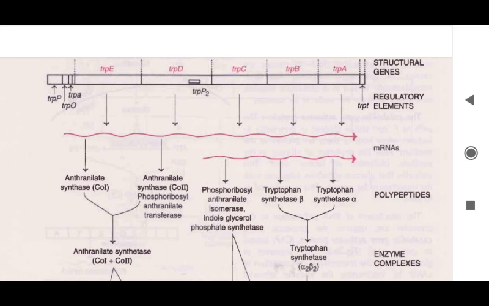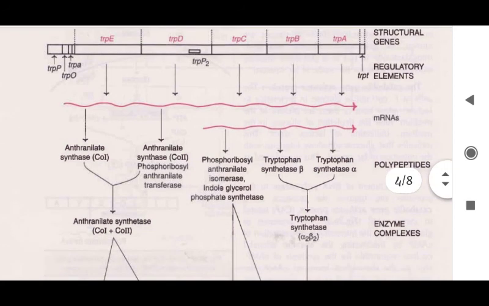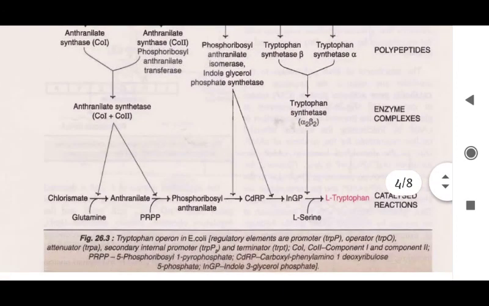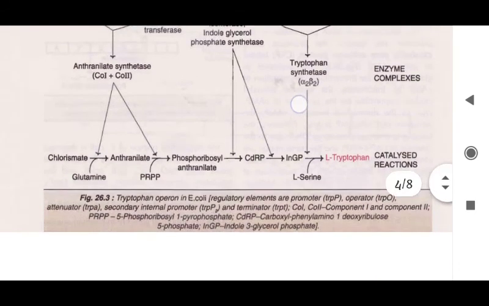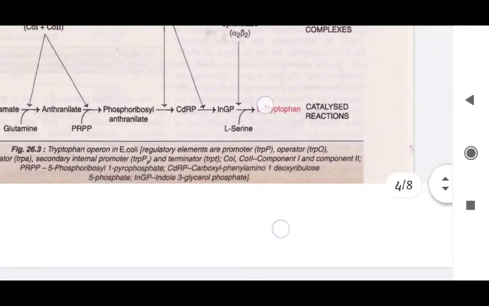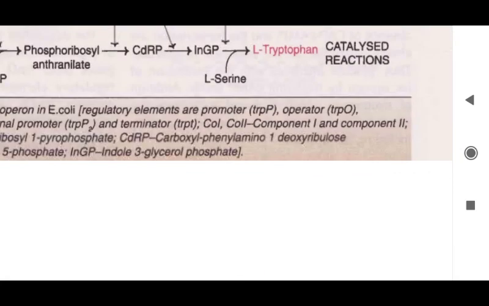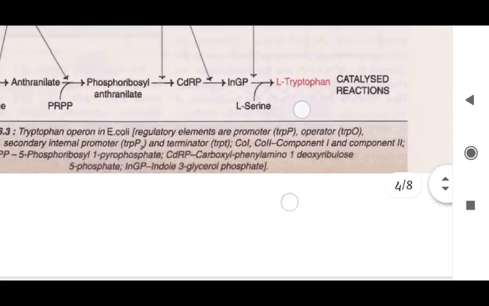TRPD encodes anthranilate synthase CO2, or you can say phosphoribosyl anthranilate transferase. Both of them together form the main functional enzyme. Both are subunits and together form the main enzyme anthranilate synthetase, which consists of CO1 and CO2 units. CO1 and CO2 are the component 1 and component 2 of the enzyme, right?